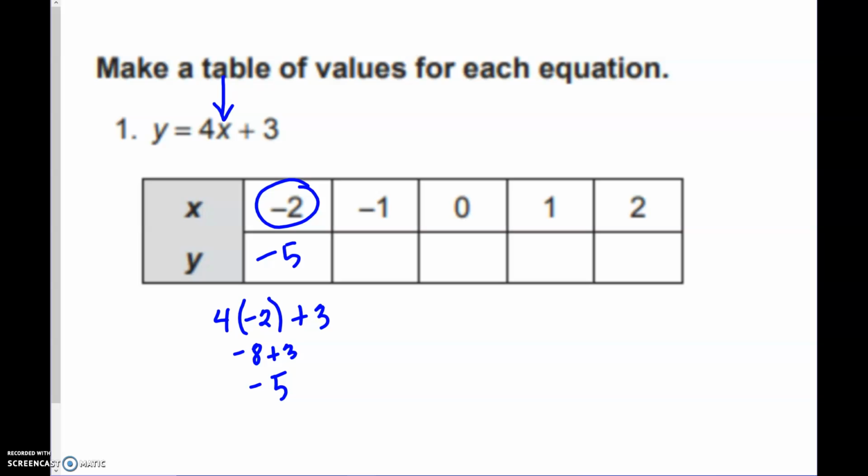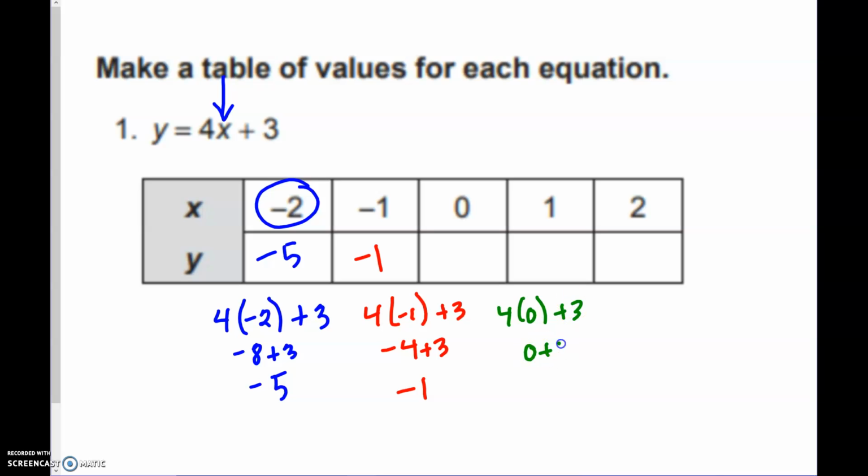Okay, then we have to plug in a new number. So now we have 4 times -1 plus 3. So we have -4 plus 3 is -1. And then in our next one, we're plugging in a 0. 4 times 0 plus 3.